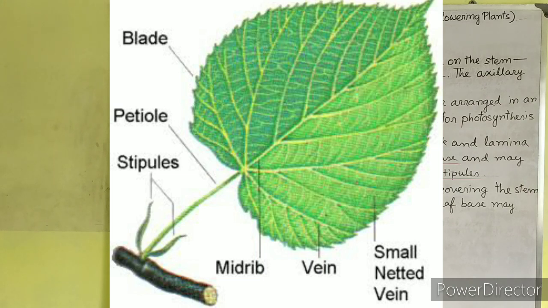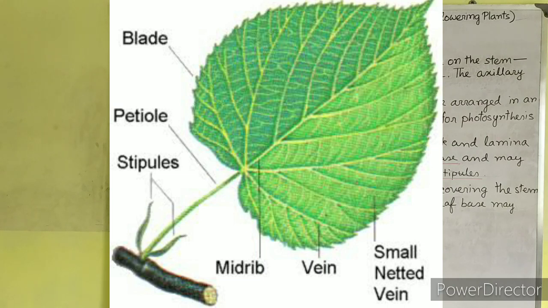The petiole or the stalk helps to hold the leaf blade towards the light. Long, thin, flexible petioles allow leaf blades to flutter in wind, thereby cooling the leaf and bringing fresh air to the leaf surface.